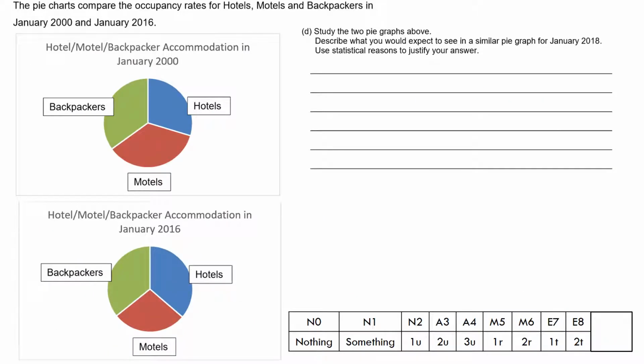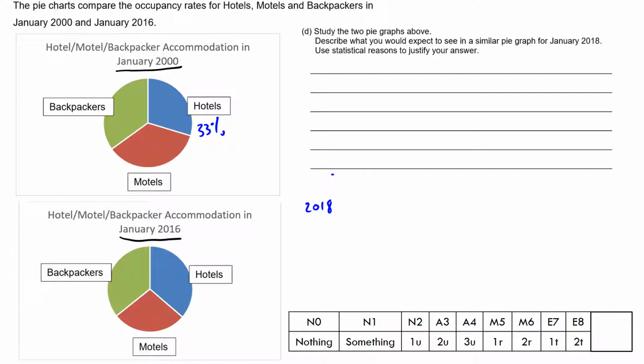Okay, so here we've got January 2000 and January 2016. We are asked to study the two pie graphs, and then what do you see? What do you predict for 2018? Well, in 2000, all three are almost thirds, aren't they? Pretty close.